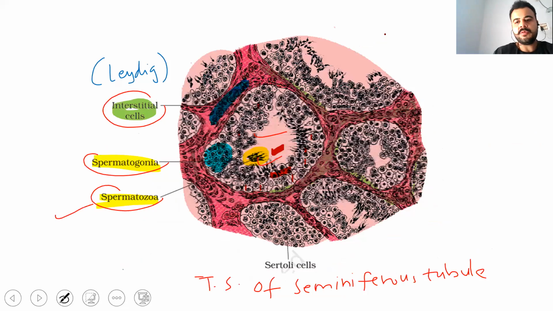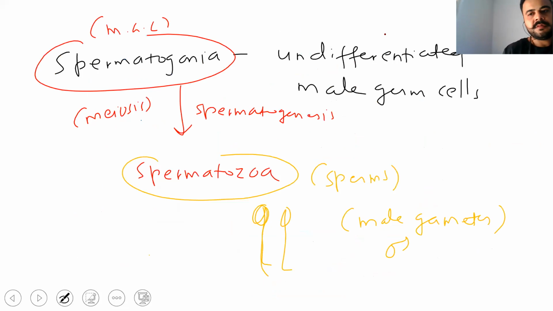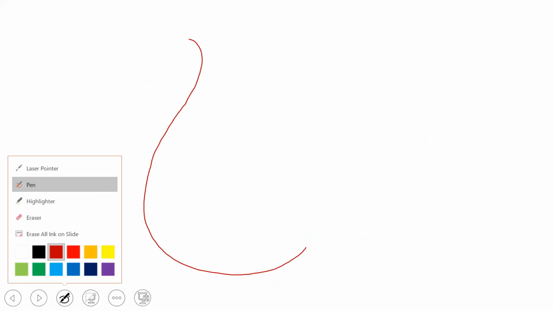Okay, so how to draw that? See. Let us say this is where the testis lies. We have testicular lobules over here.